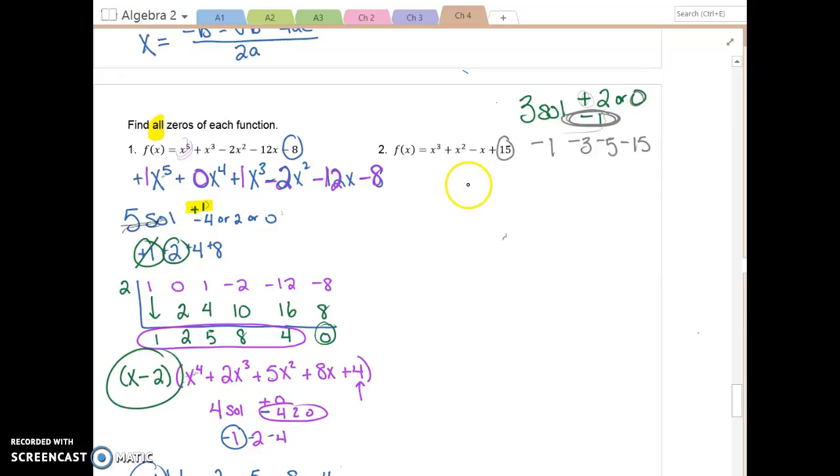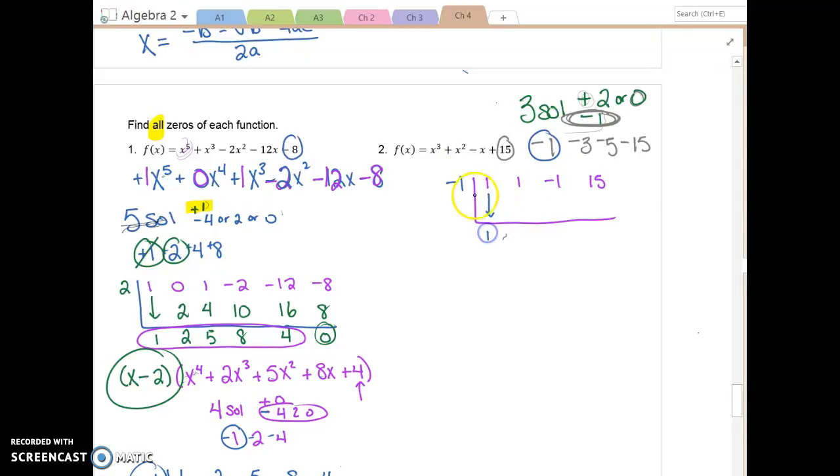Okay, to set up the synthetic division to test these solutions, our coefficients are 1, 1, negative 1, 15. And we're going to start by testing negative 1.